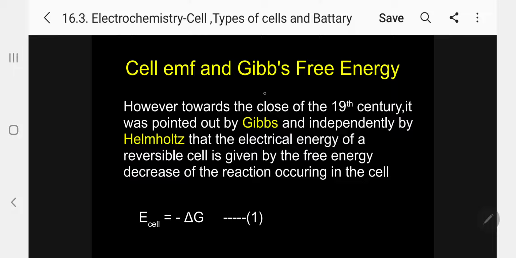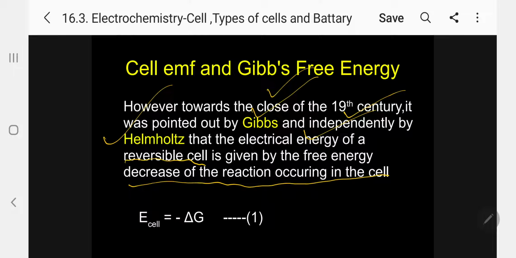However, towards the close of the 19th century, it was pointed out by Gibbs and independently by Helmholtz, and we have studied already this Gibbs-Helmholtz equation, that the electrical energy of a reversible cell is given by the free energy change of the reaction occurring in the cell.